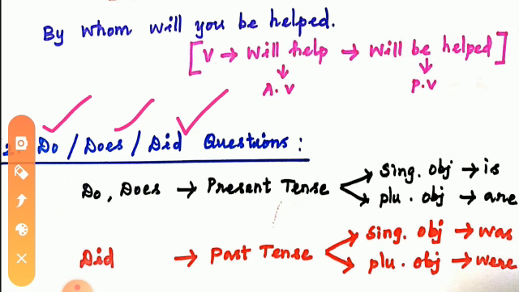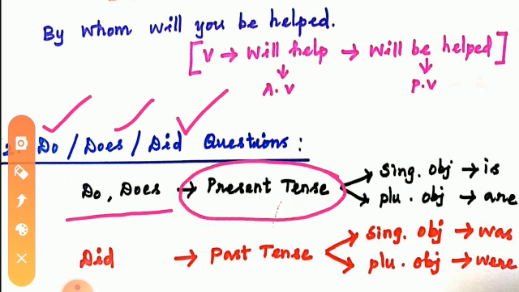If it starts with do or does, it means the sentence is in present tense. So we have to analyze the object which is present in the active sentence. If it is a singular object, we have to use is as a be form verb. If it is a plural object, we have to use are as a be form verb.